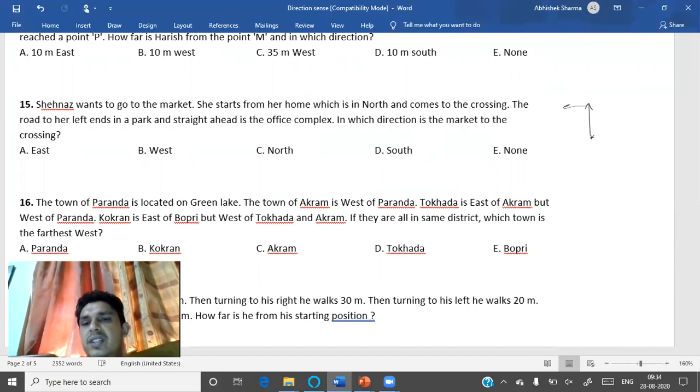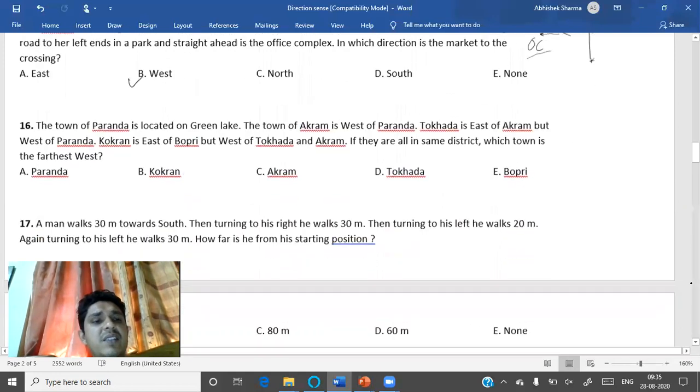So if she takes a left, there will be a park, and straight ahead will be an office complex. In which direction is the market from the crossing? So friends, we can see that the market is here, and from the crossing this is in the west direction. So the answer of this question will be west direction, right?